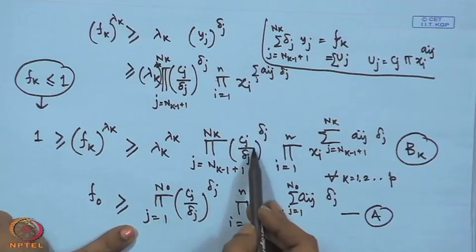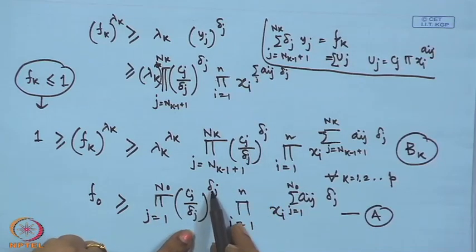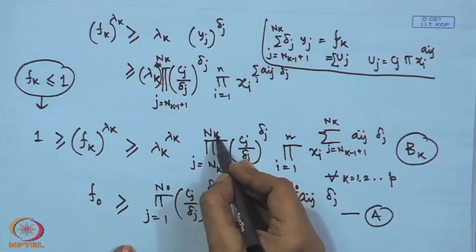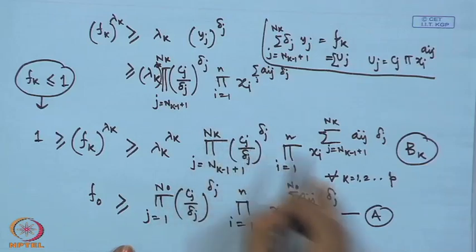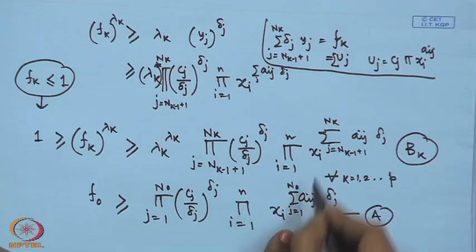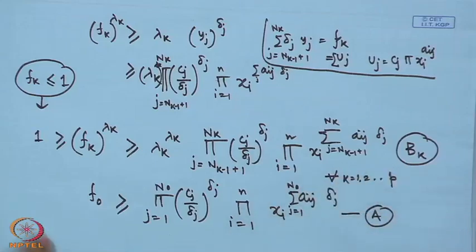If you see, we have a common term Cj by delta j to the power delta j. These all will get the product of it, which will run from 1 to n p, all the terms together. And for this as well, we will get the product of i is equal to 1 to n, xi to the power a ij delta j, where j is equal to 1 to n p, all the terms together.